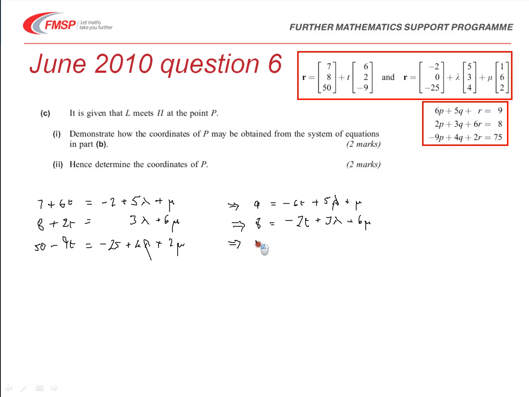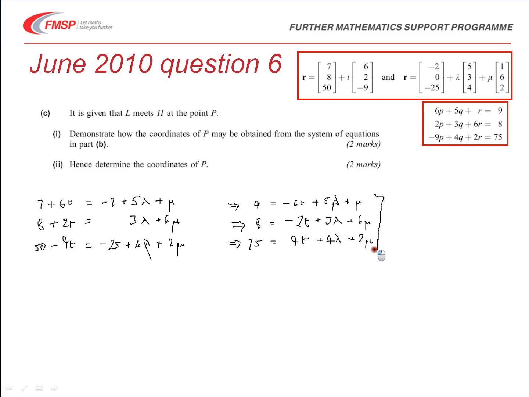And then you've got 50, taking away that 25 gives you 75, equals 9t plus 4 lambda plus 2 mu. So here is your system of 3 equations.